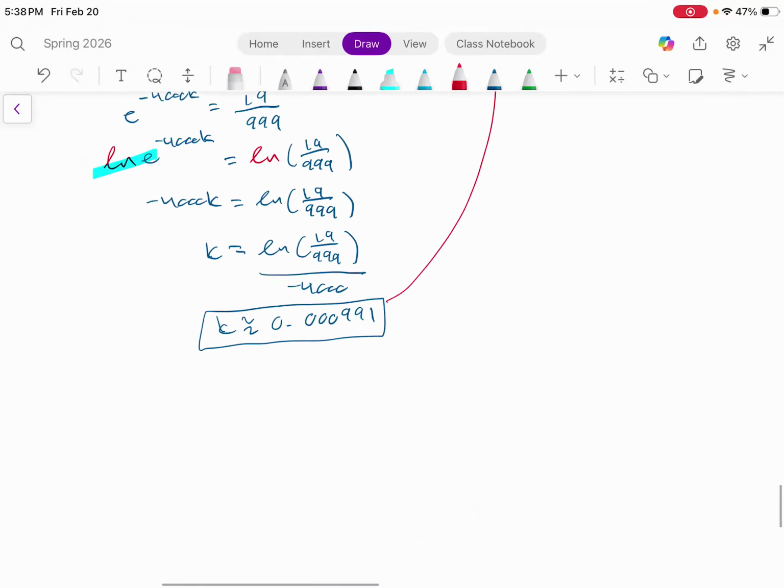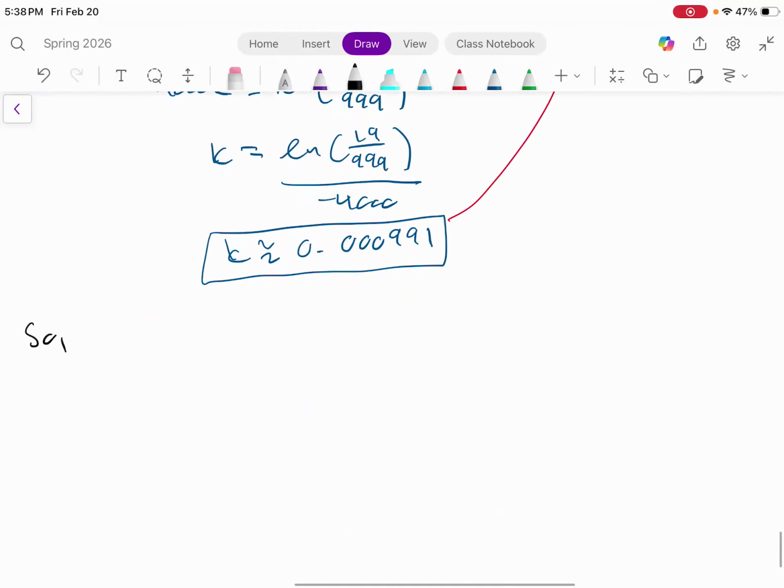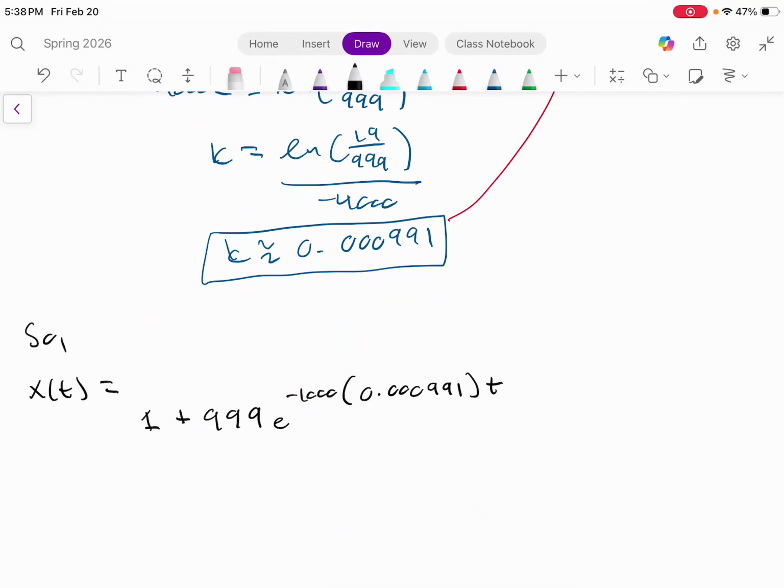So when we do that, we get x of t equals, I'm going to start off with the denominator first, 1 plus 999 e to the negative 1,000 times that 0.000991 t.